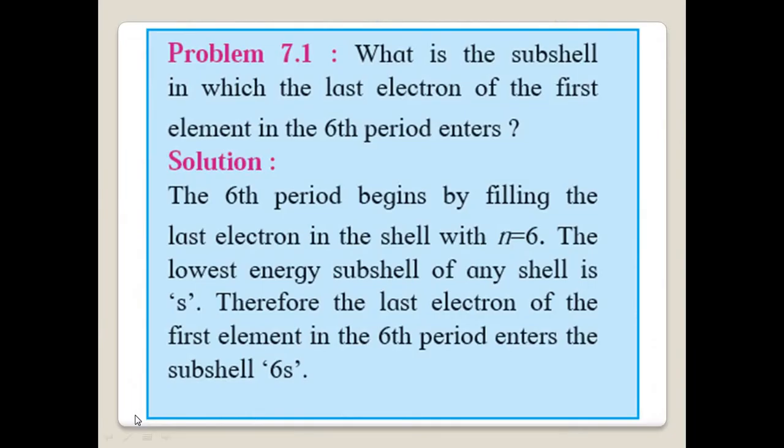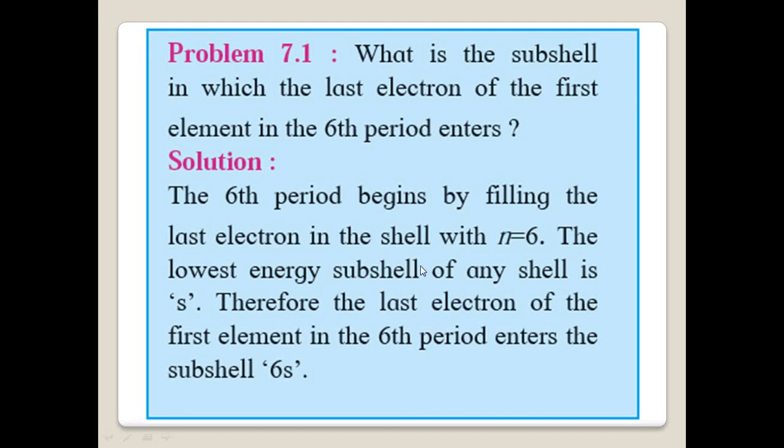Okay, let's see a question on this. What is the subshell in which the last electron of the first element in the sixth period enters? Now we have to note which is the first element in the 6th period, and classify it accordingly. Okay, so the sixth period begins by filling the last electron shell with n is equal to 6.